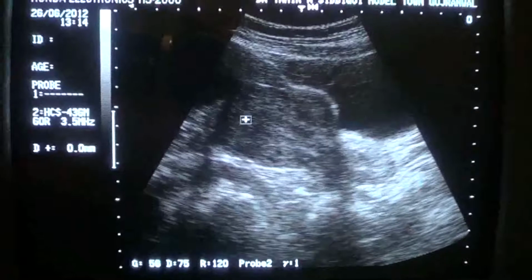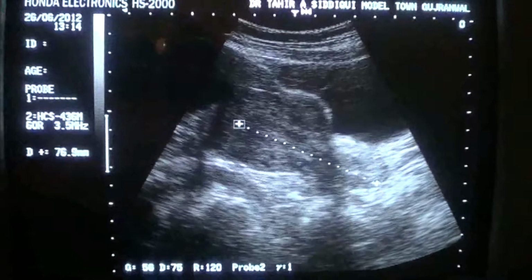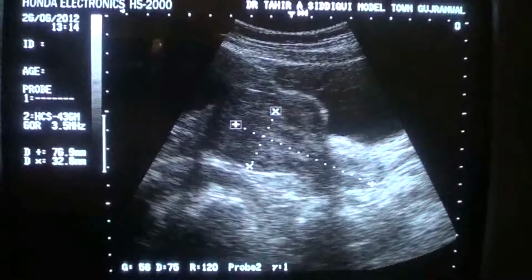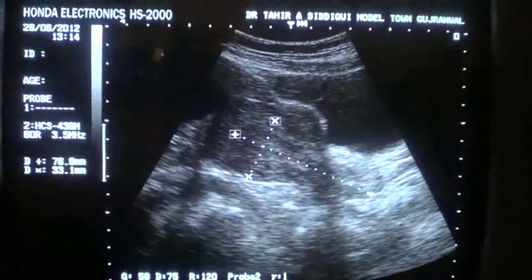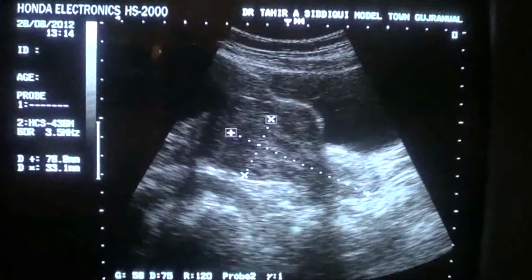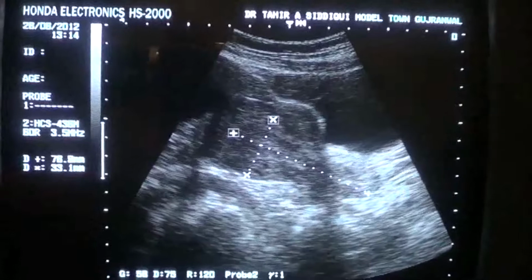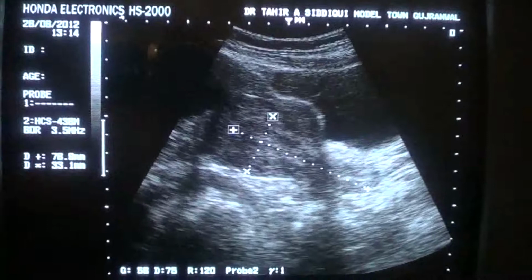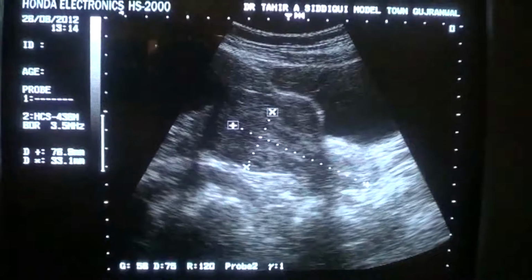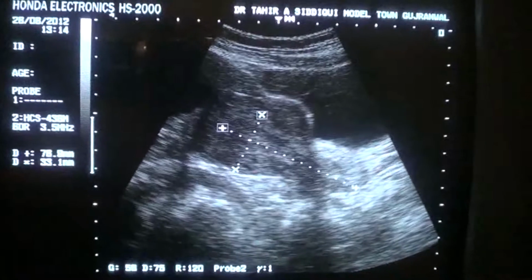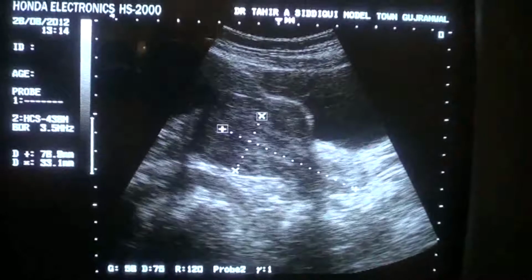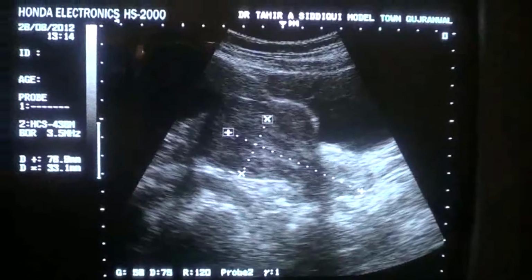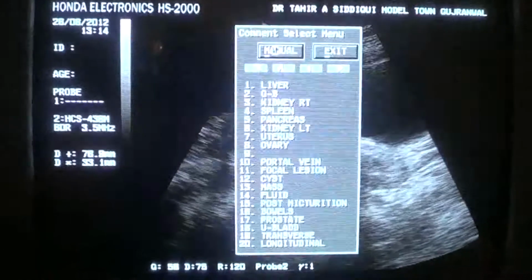Fundal region measures 7.6 into 3.3 centimeters, and the uterus is normal in dimensions, as you know that in our community, as per the general height of the population, we take 11 centimeters in length and 5 centimeters in anterior posterior diameter as normal. So this is the longitudinal section.